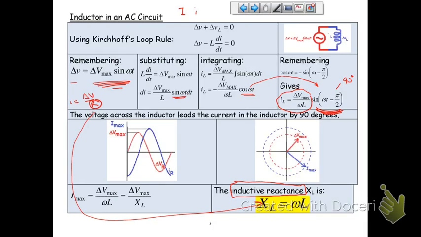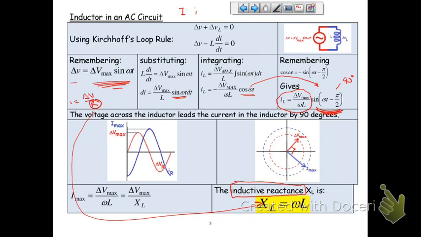So two things came out of this. One was there's a 90-degree phase difference, and the current was left behind. The reason why they're saying the current was left behind was because you applied the voltage.